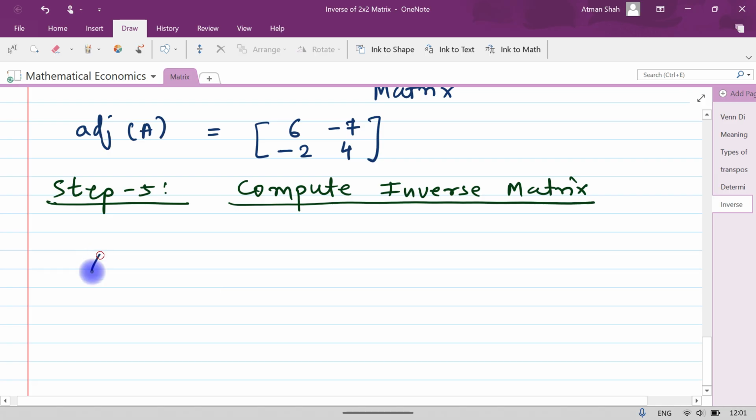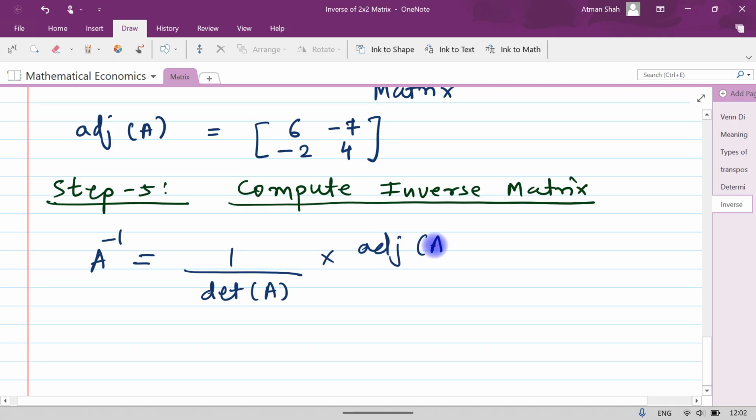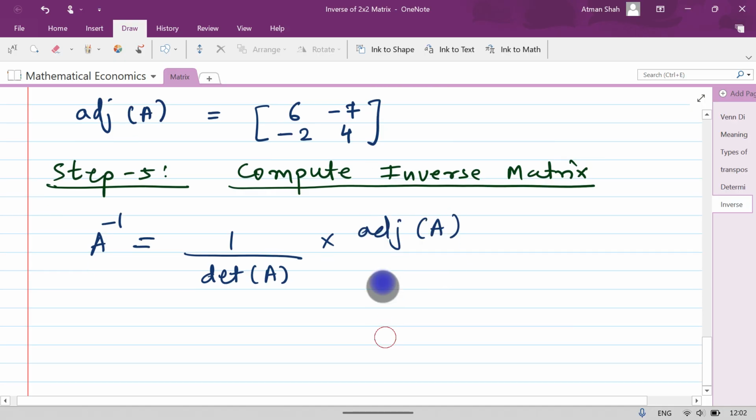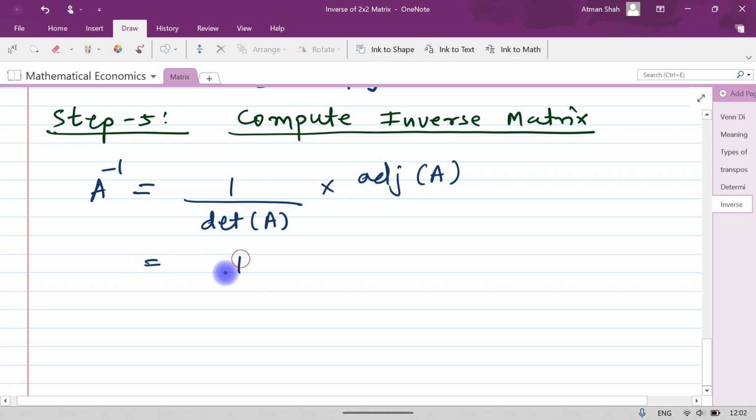A raised to minus 1 is equal to 1 upon determinant of A into adjoint of A. So now we know that the value of the determinant of A is 10, and adjoint of A is 6, minus 2, minus 7, 4.